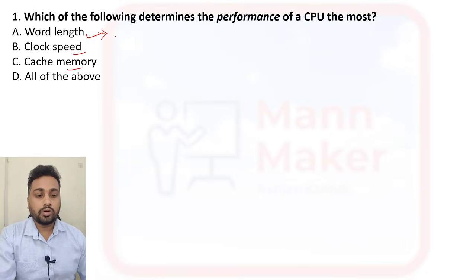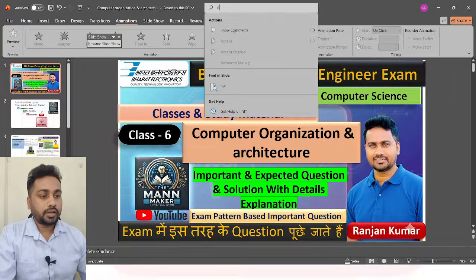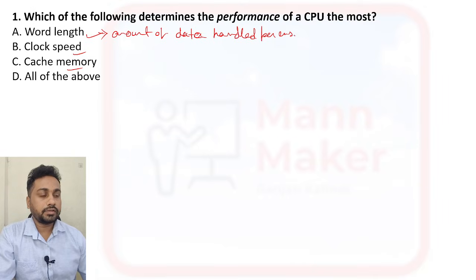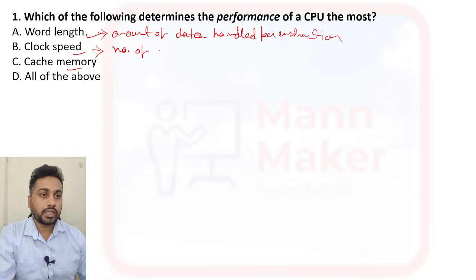If we talk about word length, it is the amount of data handled per instruction. Likewise, clock speed is nothing but the number of clock cycles per second.